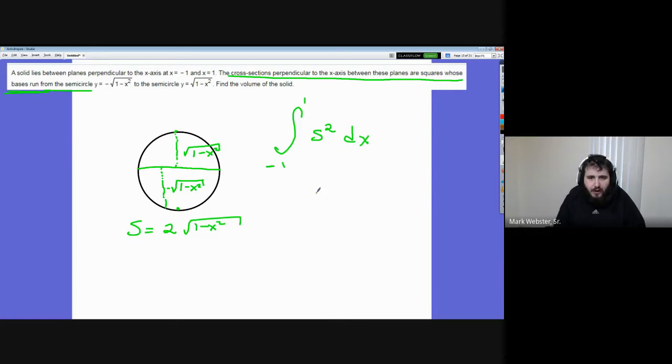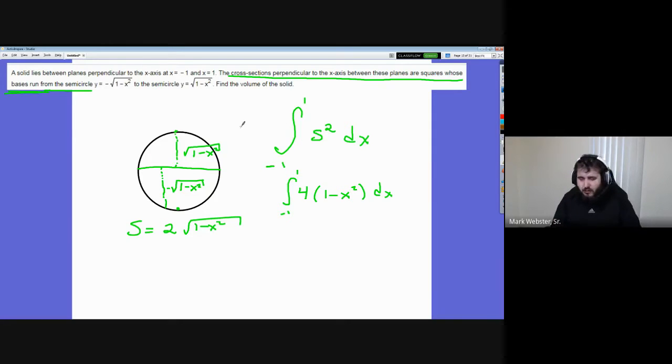Now I'm going to integrate. That's what this is. I'm going to square both of these, from -1 to 1. You can break this up a little bit if you want to. You can distribute, you can pull the 4 out.